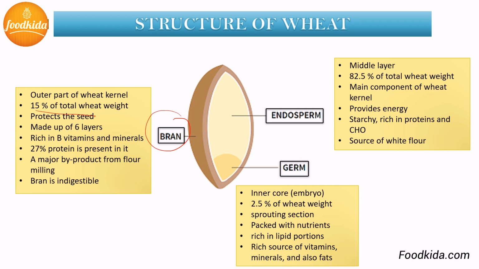The bran consists of larger quantities of B complex vitamins and dietary fibers and a small amount of proteins, around 27% of protein, and trace elements. About 90% of bran is used as livestock feed, while only 10% is used in the food industry as a food fiber source in baking, fried foods, and breakfast cereals. That's why it is a major byproduct from flour milling.